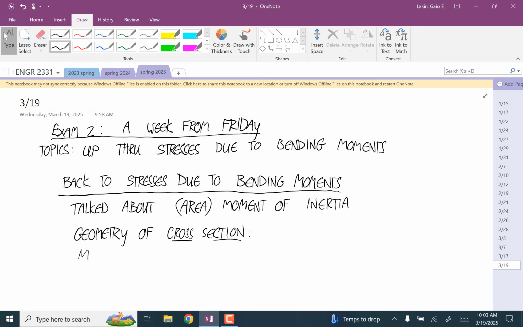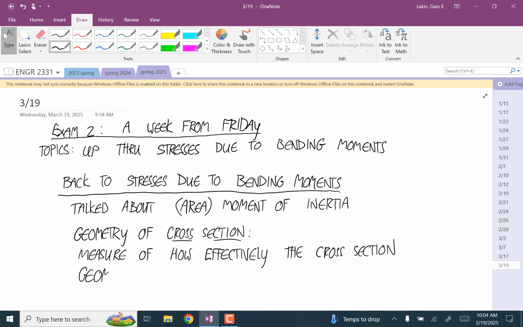And it's a measure of how effectively, how well the cross-section geometry resists bending.